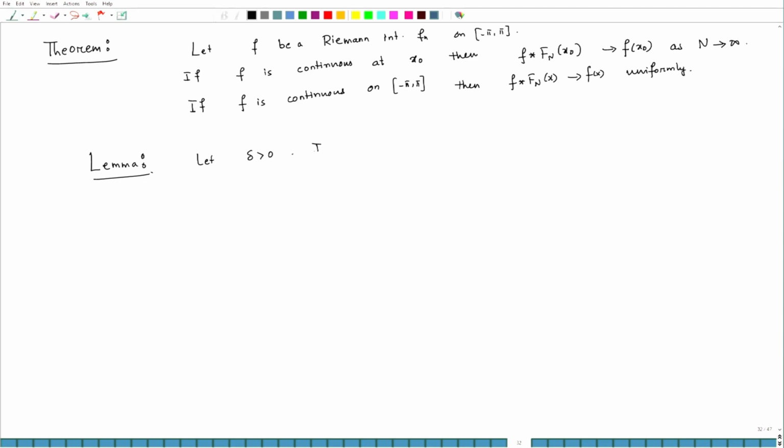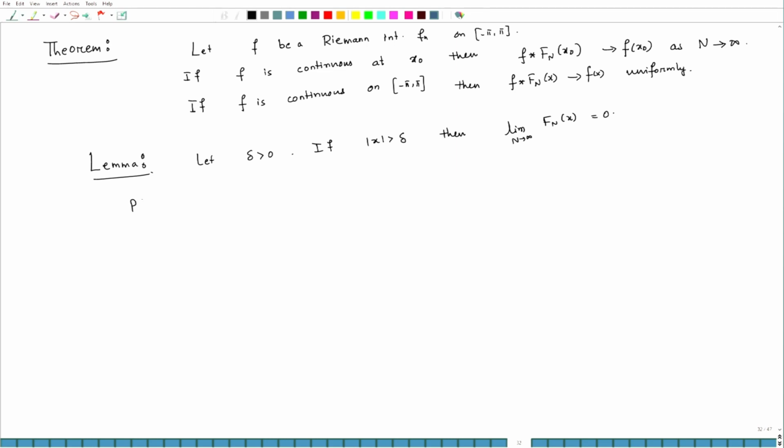If mod x is greater than delta, then the limit as n goes to infinity of f n of x is equal to 0.